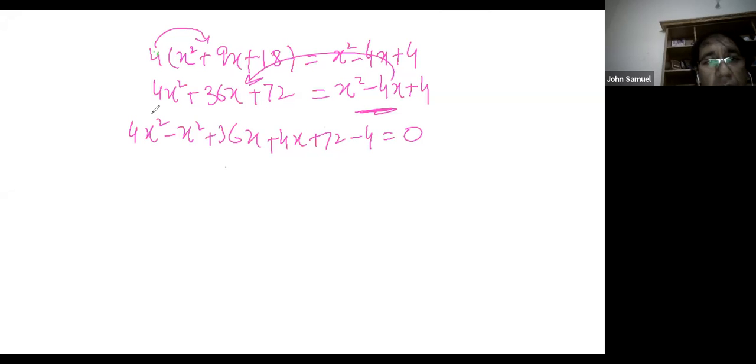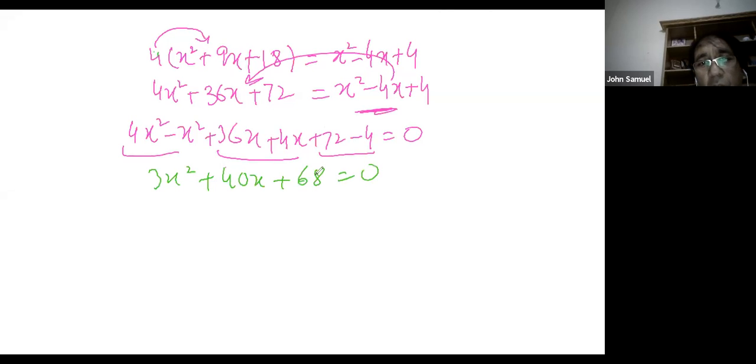After doing this, the similar terms are there, so we get 3x square plus 40x plus 68 is equal to 0. So one thing is there, you can multiply and take the factorization.